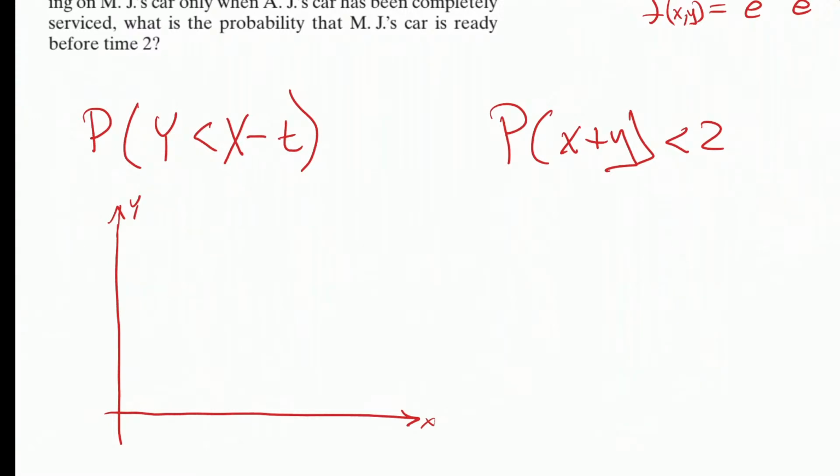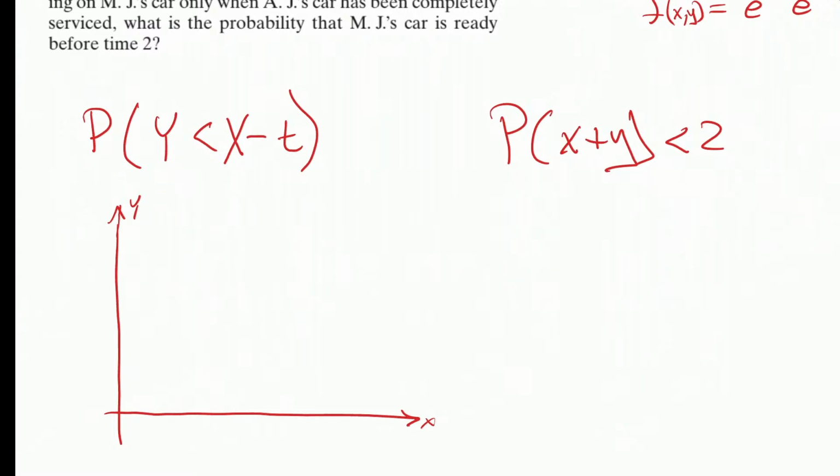Okay, let me explain. I think I had my equation correct the first time, and then I kept changing it around. And now I've got a different but equivalent equation. So let's think about this for a minute. This is MJ's car. We want MJ's car to take less than AJ's car minus the time delay. So let's think about some scenarios.